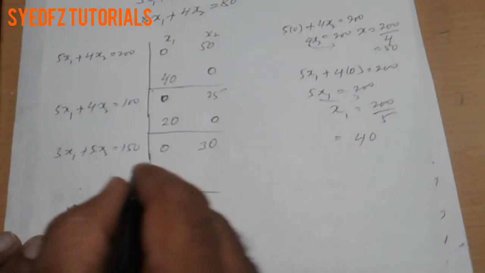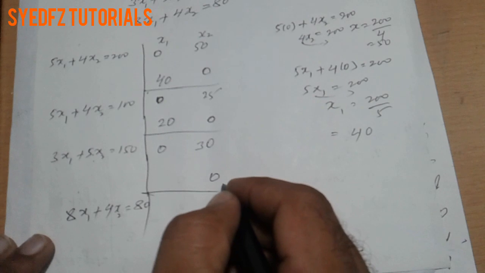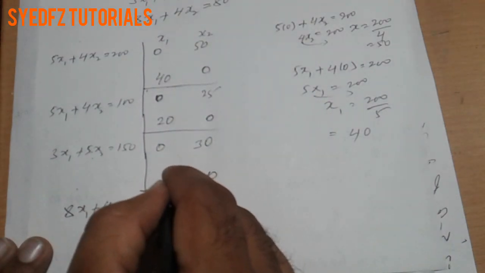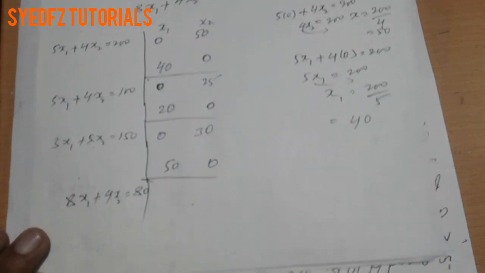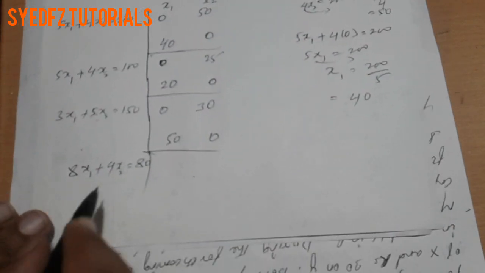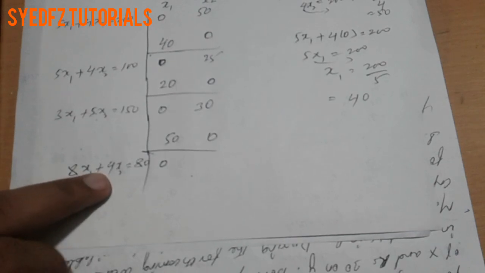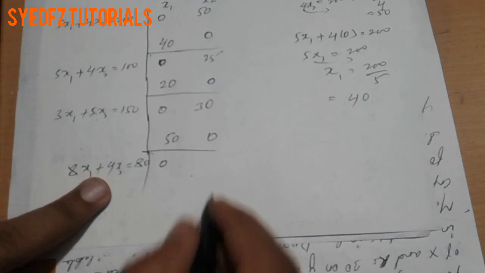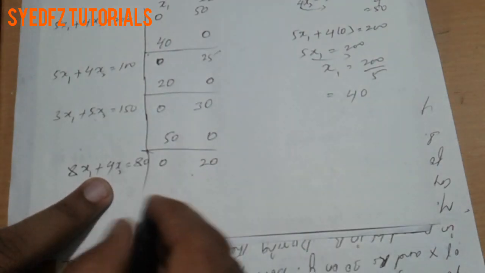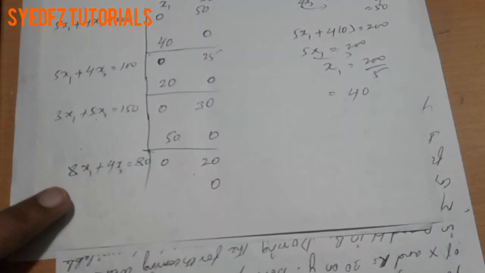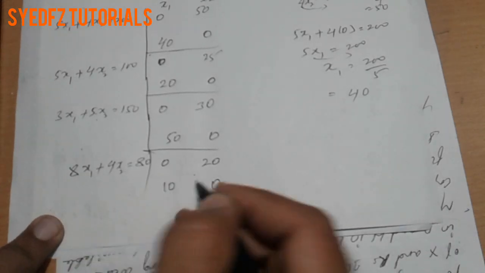If you keep 0 in x2, 150 divided by 3 means 50. And here if you keep 0 in x1, we get only 4x2, so 80 divided by 4 means 20. If we keep 0 in x2, 80 divided by 8 means 10 we get.